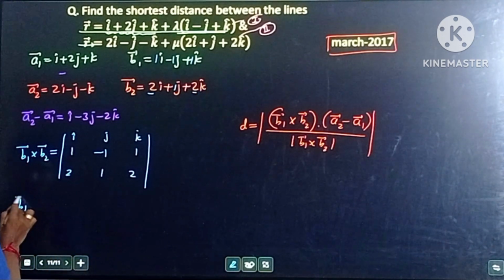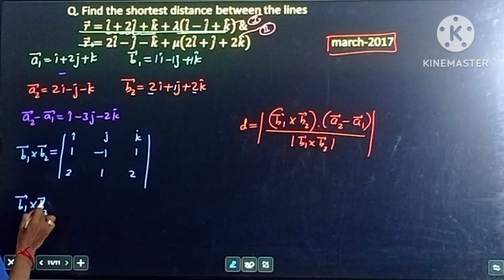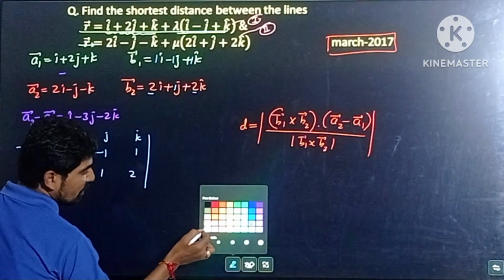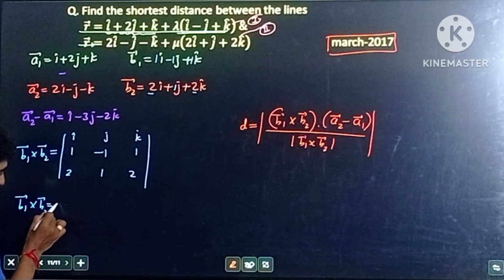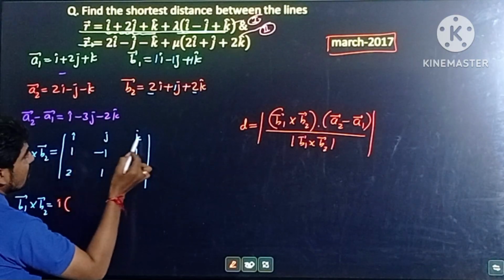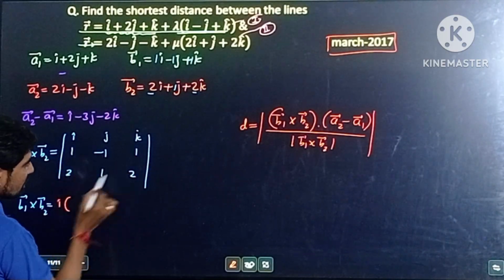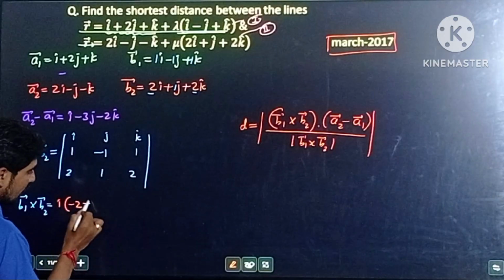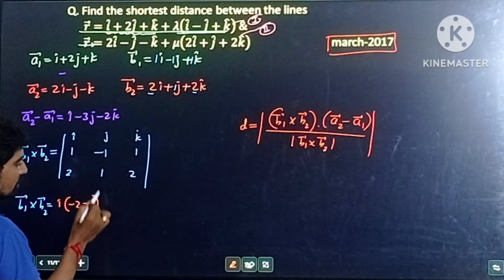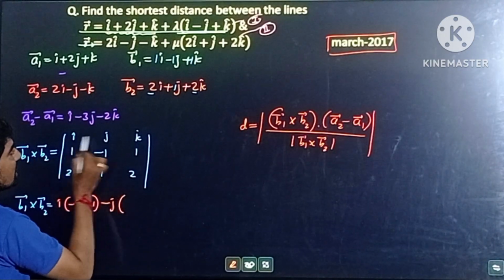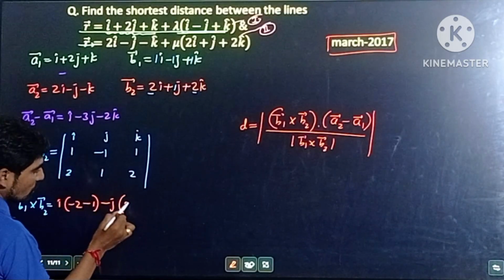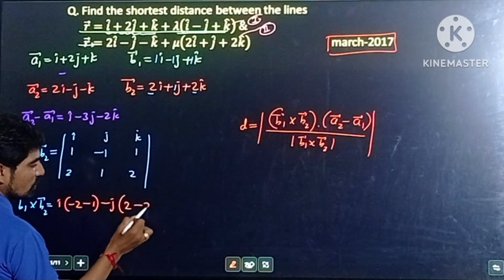Therefore, b1 vector cross b2 vector is equal to i into, deleting first row, first column, minus 1 into 2, minus 2, minus 1 into 1, 1. Then minus j into, deleting first row, second column, 1 into 2, 2, minus 2 into 1, 2.